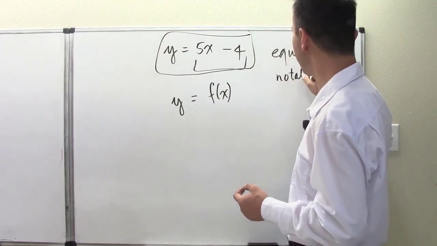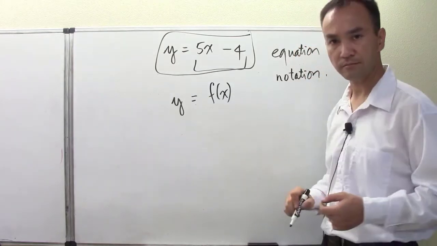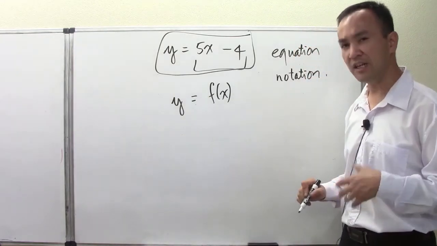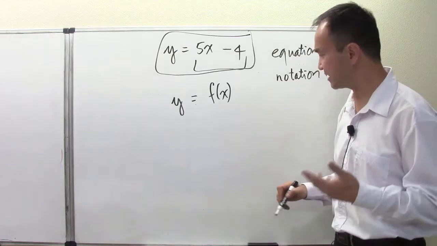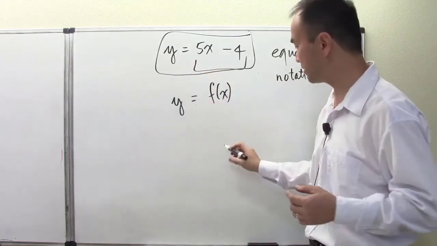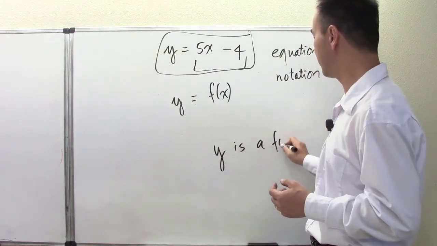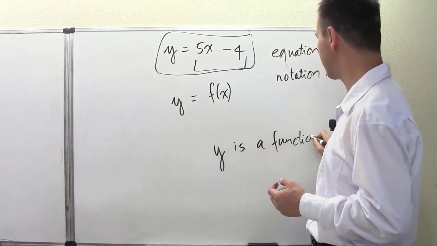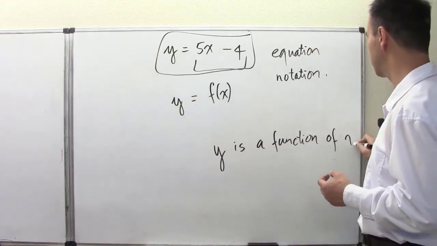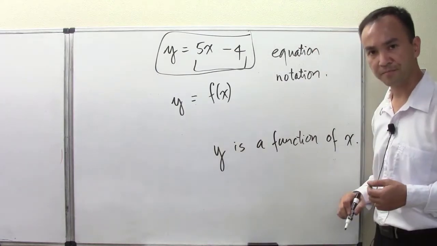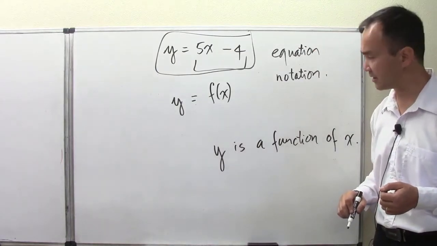It's just a way of writing it down. In that form, there's no need to argue about it: if you see an equation like that, y is clearly a function of x.